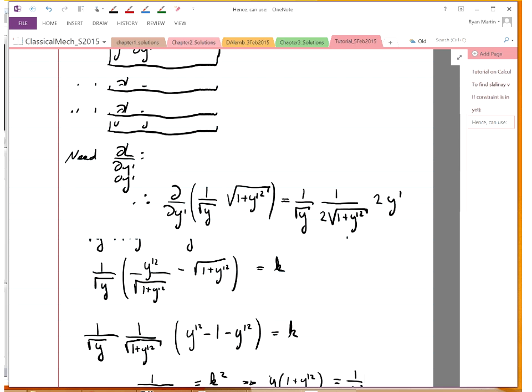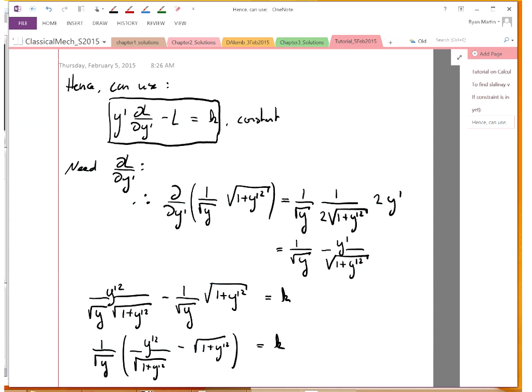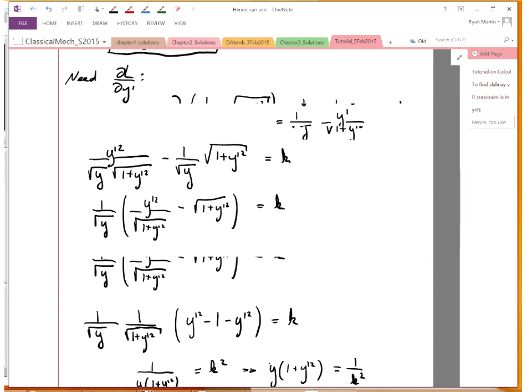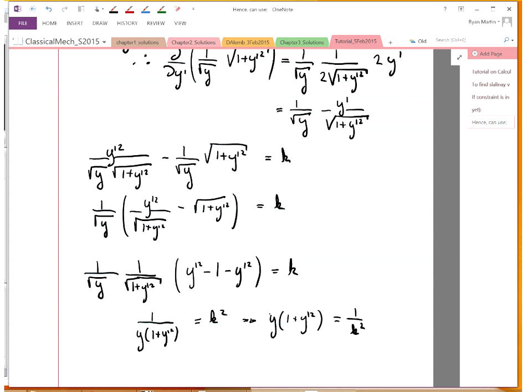Remember, k is just some constant. All we know from the boxed equation is that this combination is a constant. Ultimately, what's going to determine this constant is the boundary condition on the function y of x, and the boundary condition is that the function must go through the points a and b.